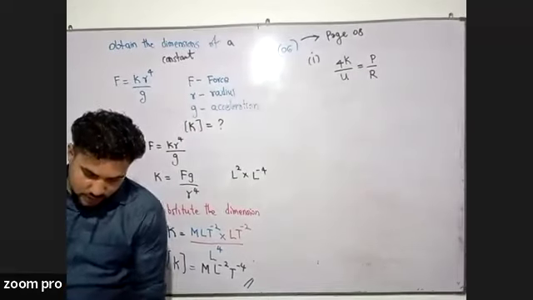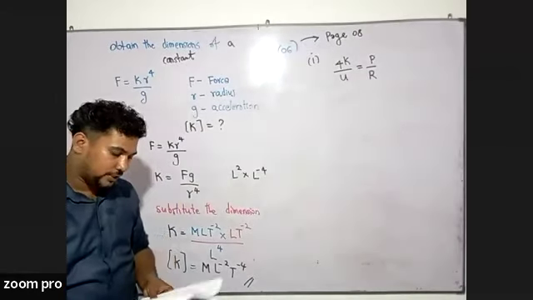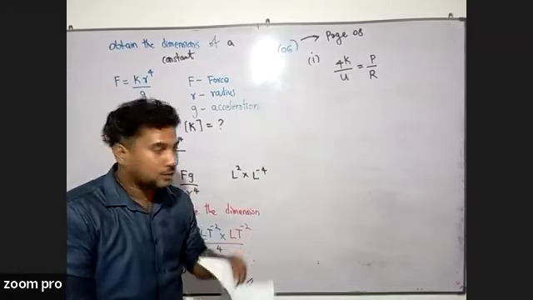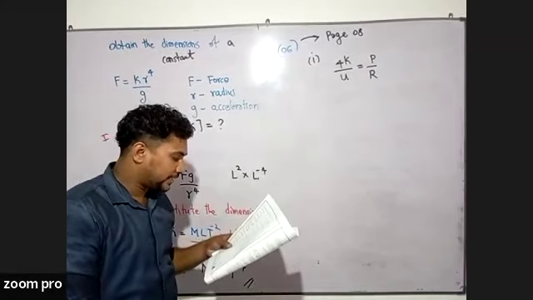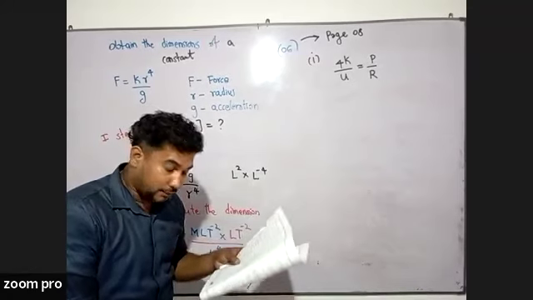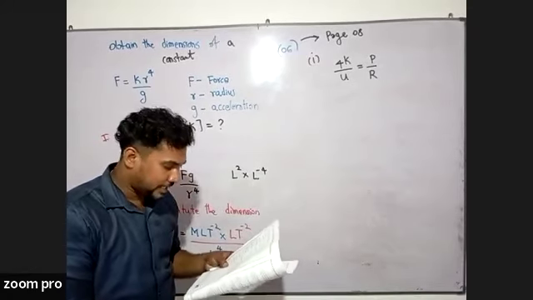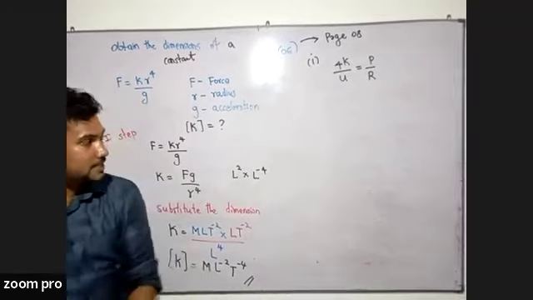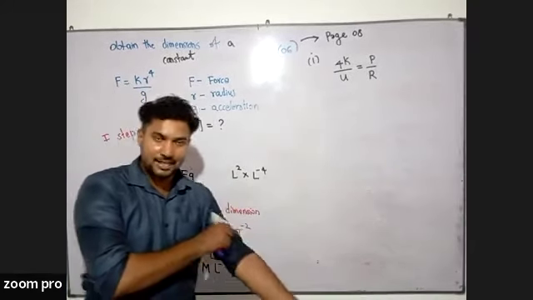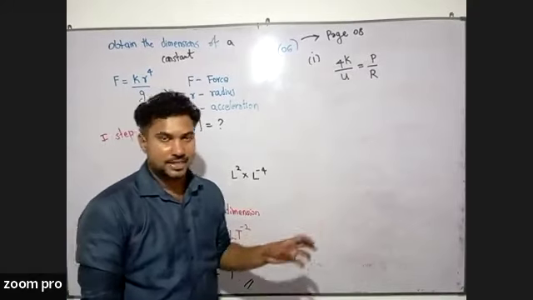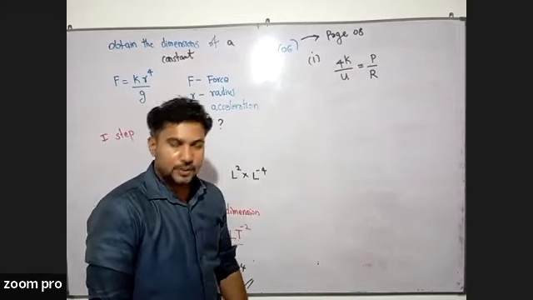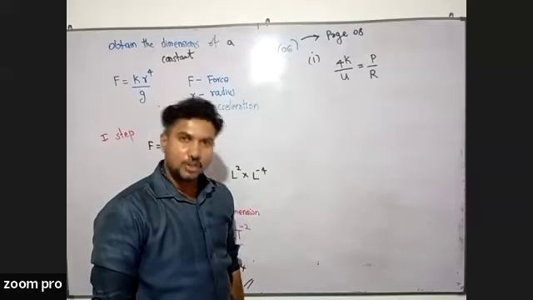Now in the sixth question, it is mentioned to find the units of K in the following instances. But in this question, you have to find the dimensions of K in the following instances. K represents the constant. Normally we use K to represent a constant. That's not a rule, but normally we use K to represent a particular constant.